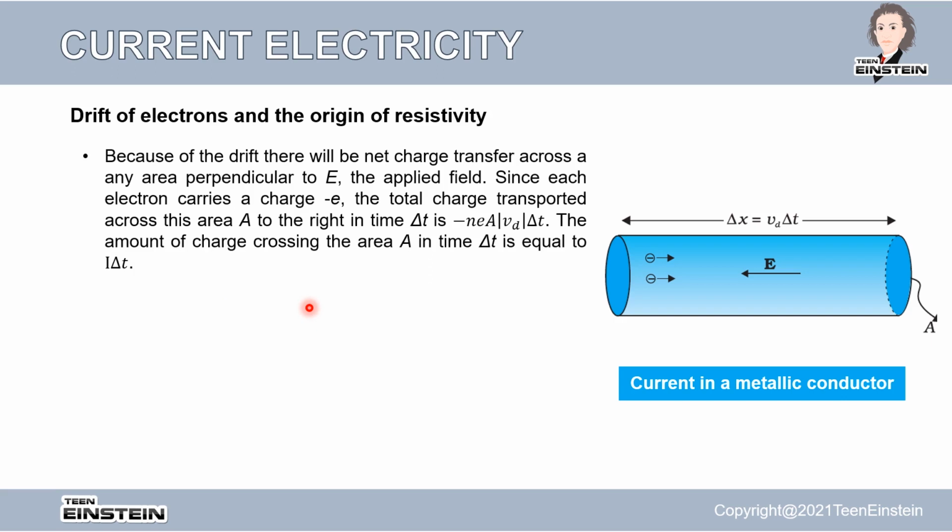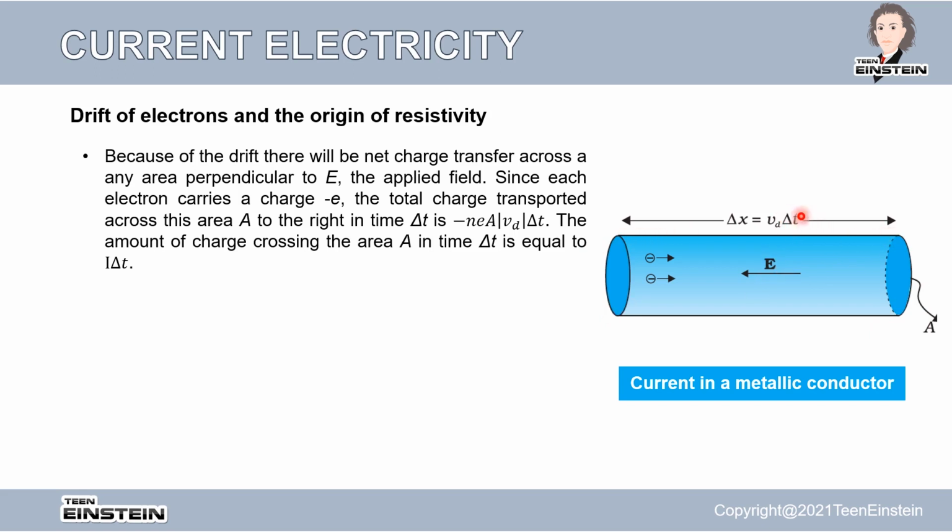Now, because of the drift, there will be a net charge transfer across any area perpendicular to E, the applied field. Since each electron carries a charge minus e, the total charge transported across this area A to the right in time delta t is minus n e A v_d delta t. Let's assume this particular area here. Within the time delta t, how many electrons are going to move across this area? If you take this cylinder, the length is delta x.